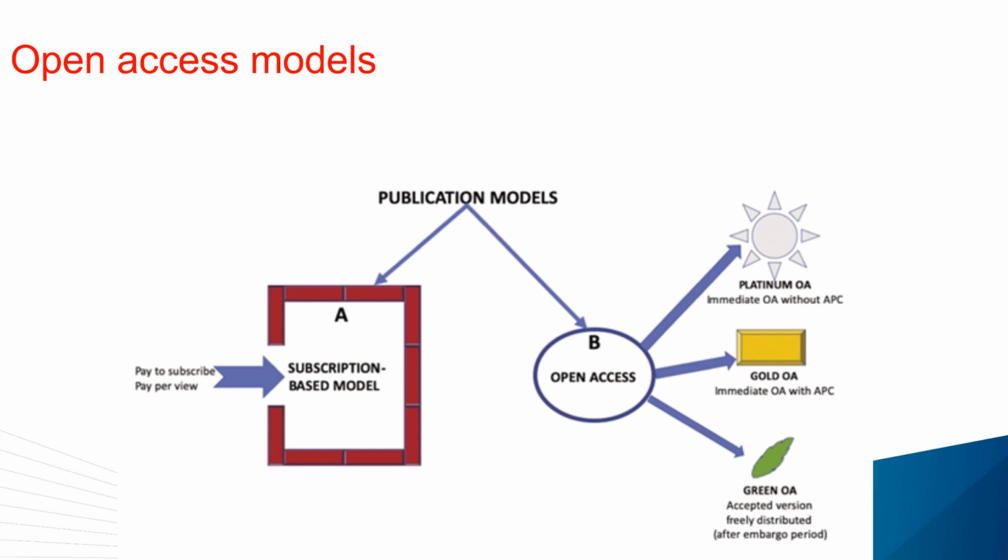So it does not necessarily offer immediate open access to the reader. It doesn't cost anything to the author, but of course it does cost institutions money to run these databases.